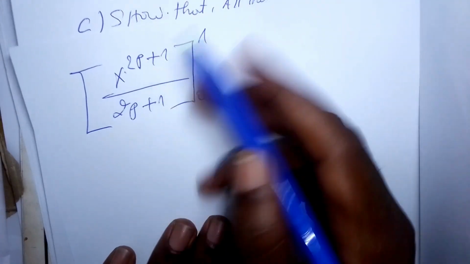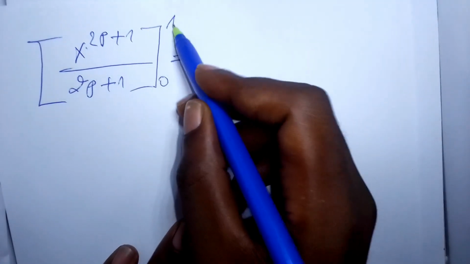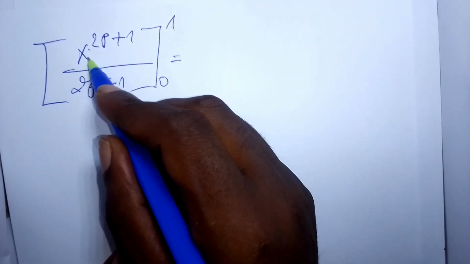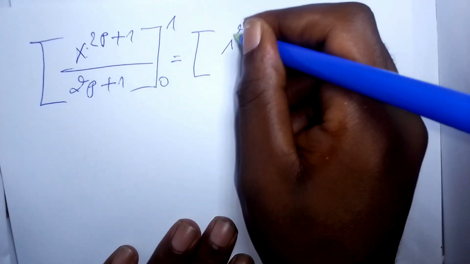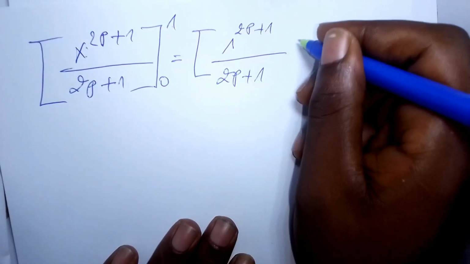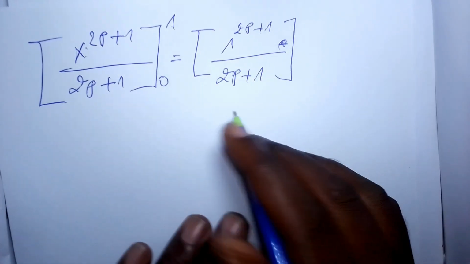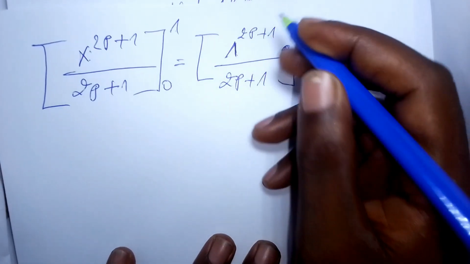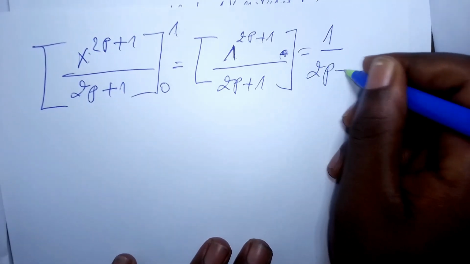We put 1 where x is, so we have 1 power 2p plus 1 over 2p plus 1, minus 0, that is also 0. 1 power any number is also 1, so we have 1 over 2p plus 1.